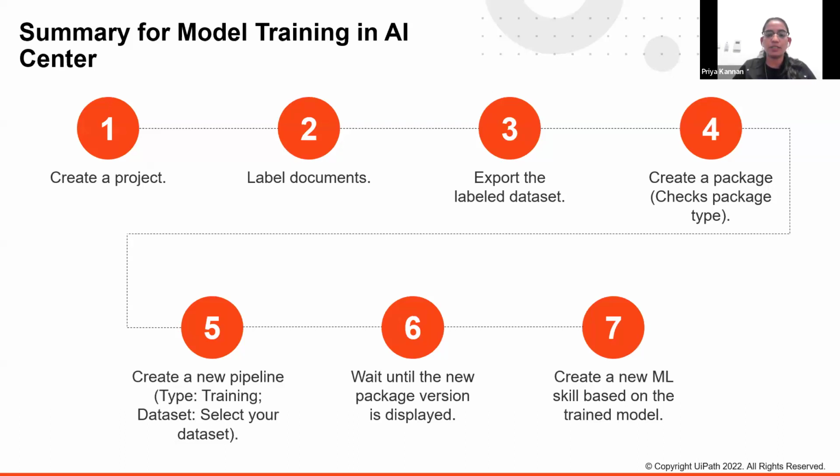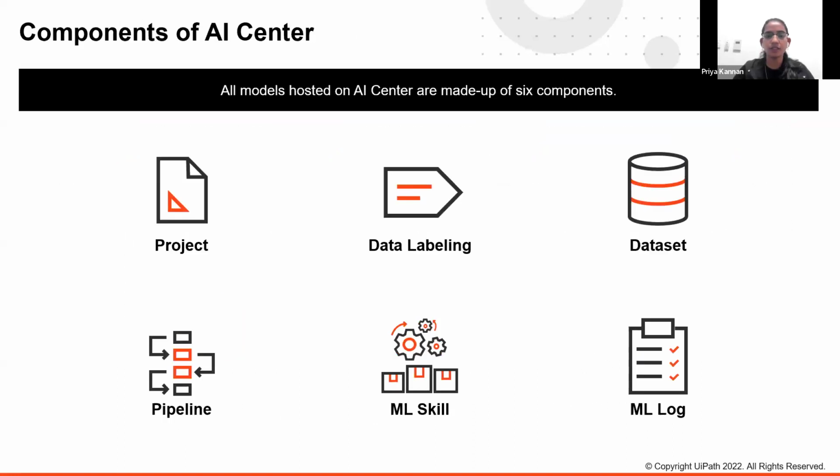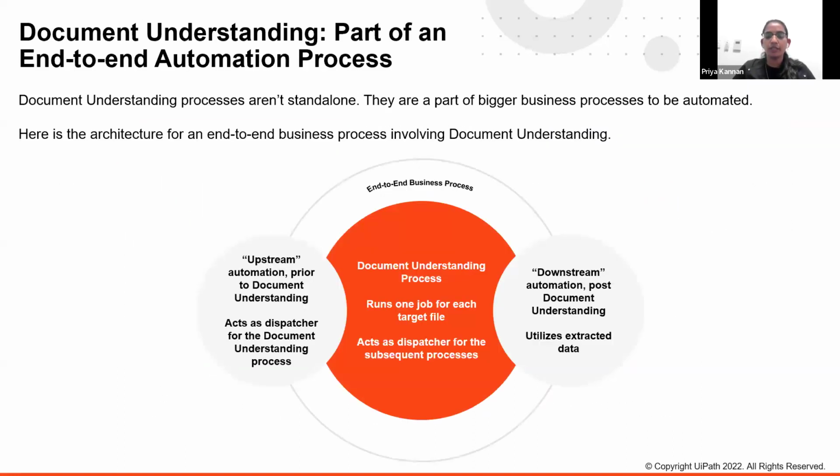So this is the step if we are going for a customized one. We create a project and label the documents in document manager, and we export the data, and we create the ML package. The ML package is just a new version for your specific needs. Like I said, document understanding is not the entire project. It is one of the solutions, a part of the end-to-end business process.